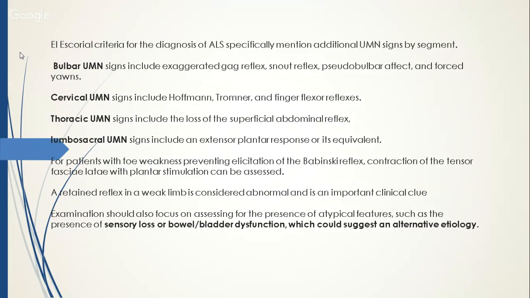There are mainly two criteria: the El Escorial criteria, which was also revised, and then there's another diagnostic criteria that we'll talk about in a bit. It categorizes ALS in regions. So when you're looking at the signs and symptoms, mostly the signs of upper motor neuron involvement in ALS, they divided it into bulbar, cervical, thoracic, or lumbosacral.